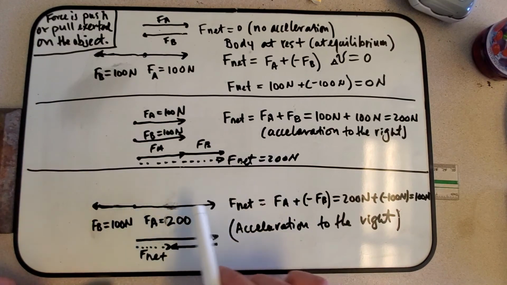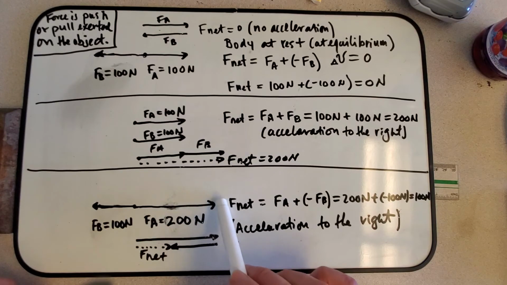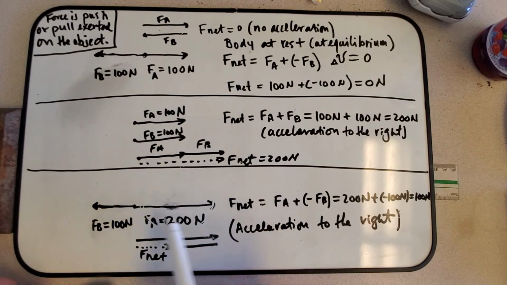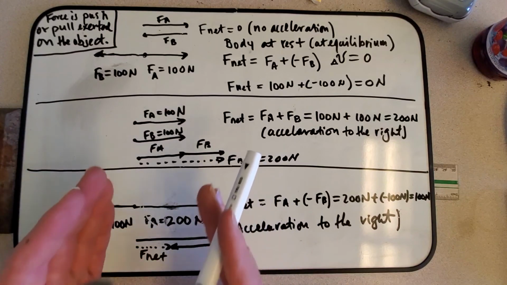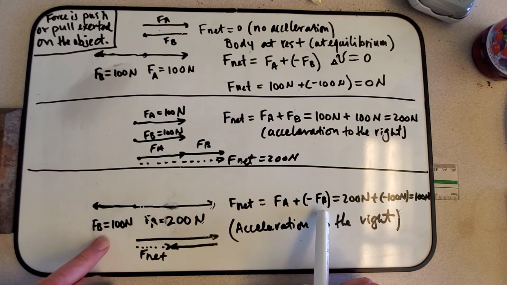This force here is stronger, so I would expect the net force to be in that direction, because this side of the vector is bigger than this side. I'm going to add these vectors. Remember, when they're in opposite directions, for the second vector we just put a negative sign.